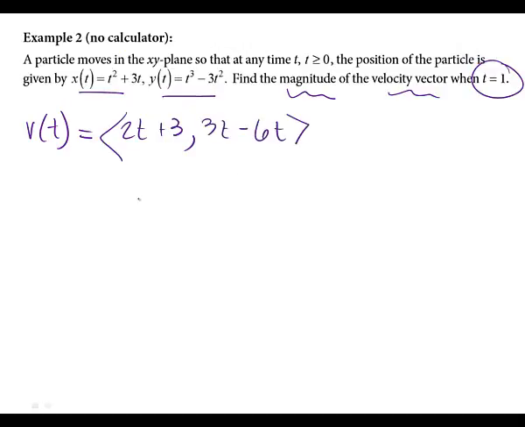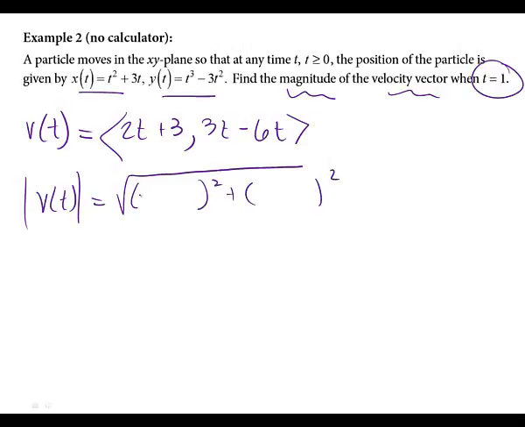Minus 6t. Good. All right, so to get the magnitude, remember I take the square root of each of the components squared. So I'm going to put the 2t plus 3 in there, and the 3, I did something wrong. 3t squared, right? 3t squared minus 6t.